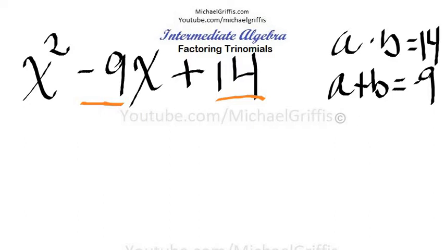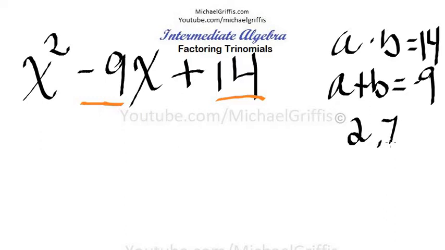Well, we know 14, so 2 times 7, how's that? We know that 2 and 7 equals 14. And we know that 7 plus 2 is equal to 9.